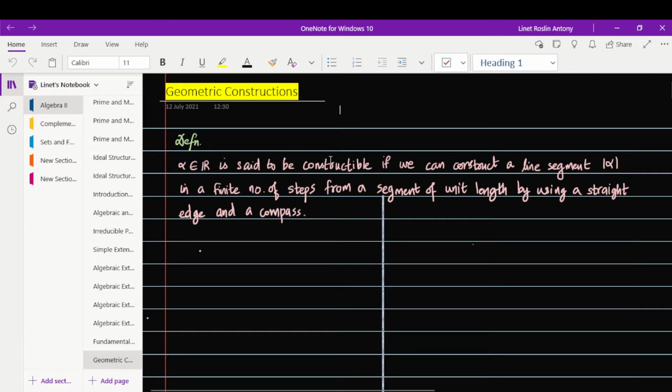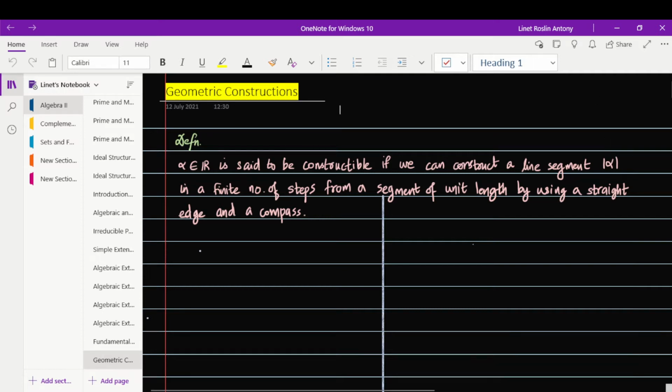Alpha belongs to R is said to be constructible if we can construct a line segment modulus of alpha in a finite number of steps from a segment of unit length by using a straight edge and a compass. So that's how we can define a constructible number, or that's how we say when a real number is constructible.